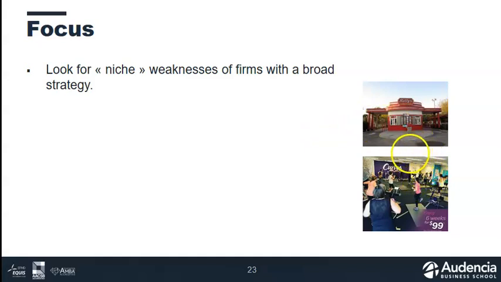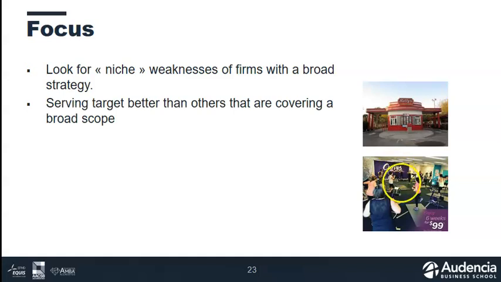So I'll look at some of the weaknesses McDonald's has. One of the weaknesses is they have a large menu offering. Because you have a large menu offering, you have a lot of different tools, different machines in the restaurant, different recipes. You have to maintain that menu, and that can be a disadvantage. So by serving a specific market, we're not covering a broad scope of activities or a broad scope of customers, and we may be able to do a better job at it.